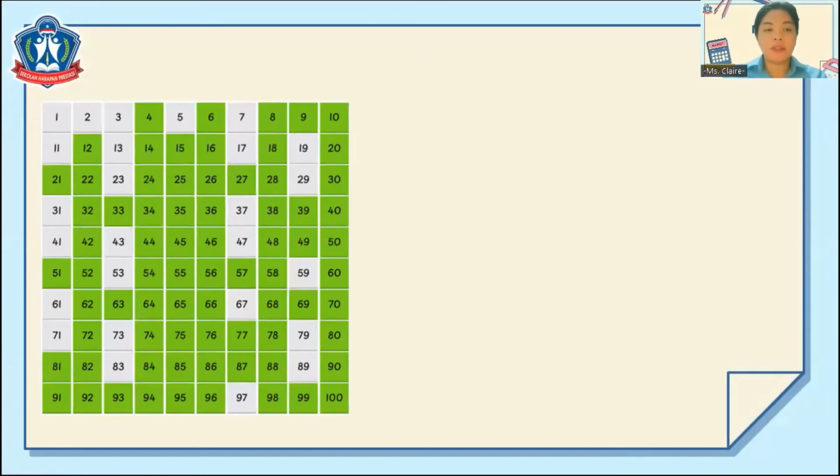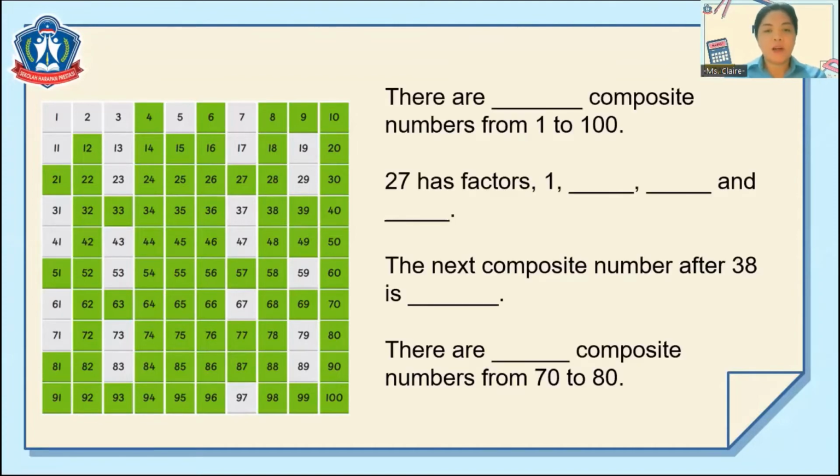I have numbers from 1 to 100. Now, the numbers highlighted in green are the composite numbers. So how many composite numbers are there from 1 to 100? Yes, there are 74. Remember, there are 25 prime numbers from 1 to 100, but for the composite, 74.